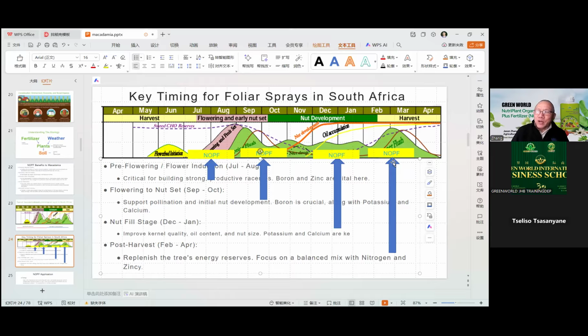The same thing applies for other multi-year woody plants, woody crops too. After your harvest, like tea or coffee, you should give them a strong boost of fertilizer and let them recover. If your tree needs pruning, spray your fertilizer after your pruning.